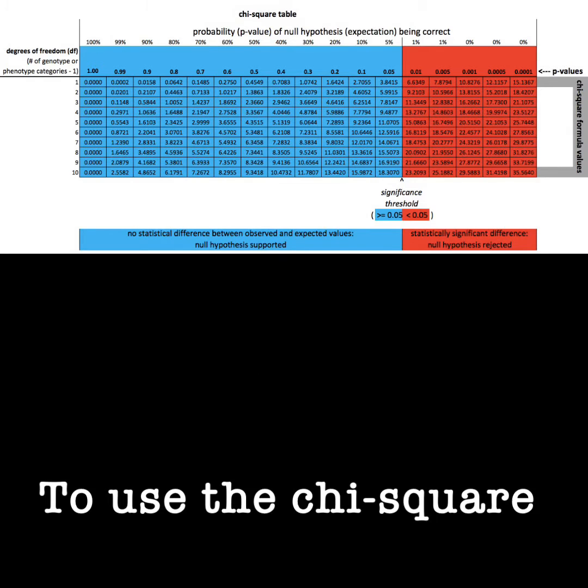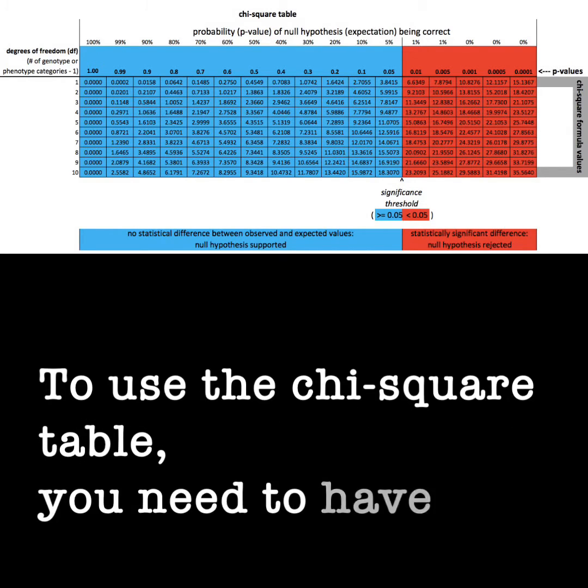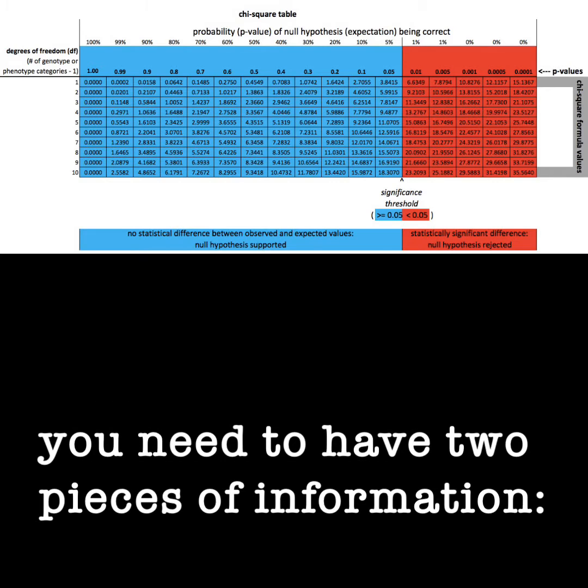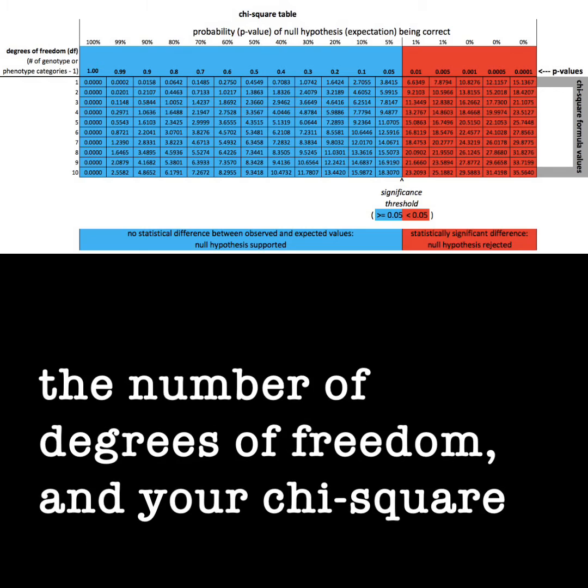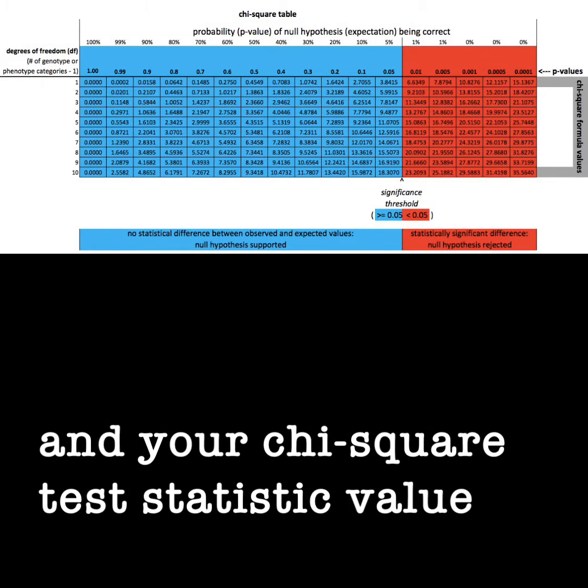To use a chi-square table, you need to have two pieces of information: the number of degrees of freedom and your chi-square test statistic value.